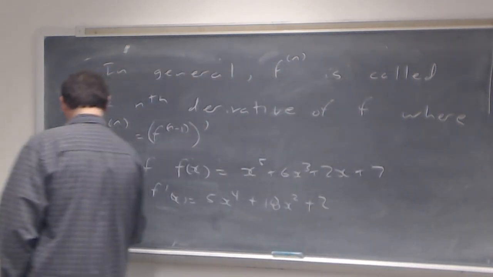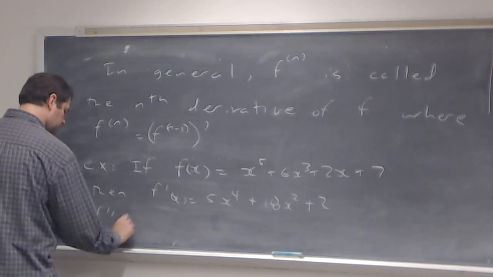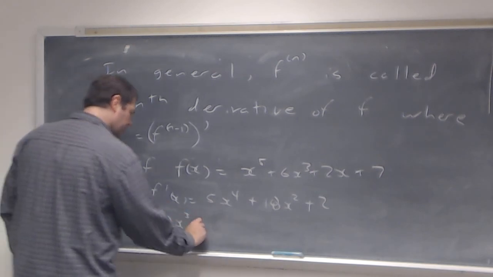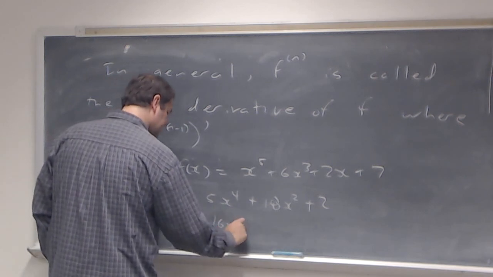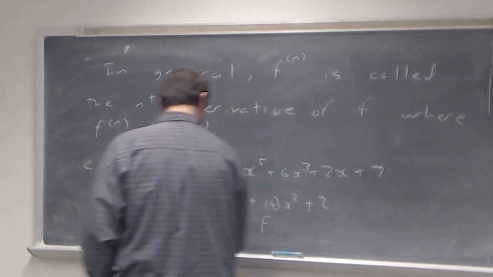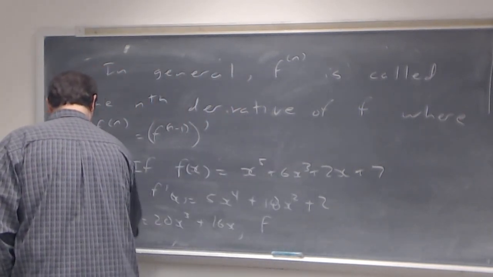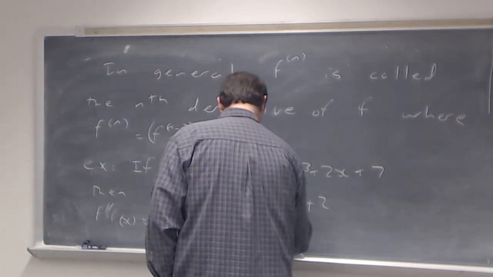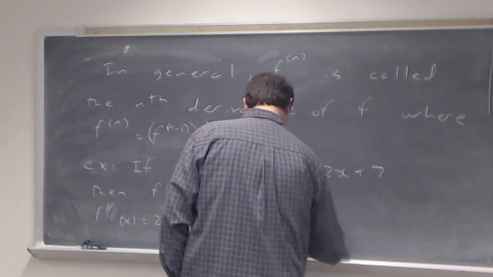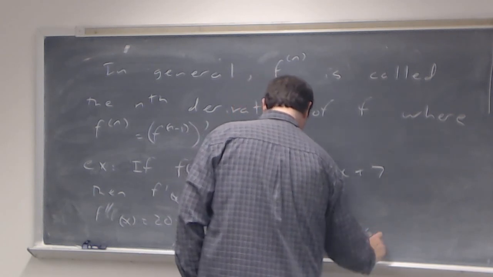And then the second derivative will be equal to 20x to the third plus 16x, that's what I have. The third derivative is equal to 60x squared plus 16.